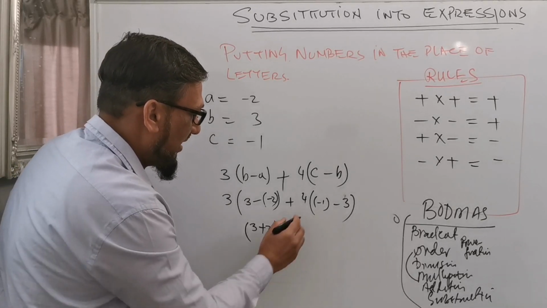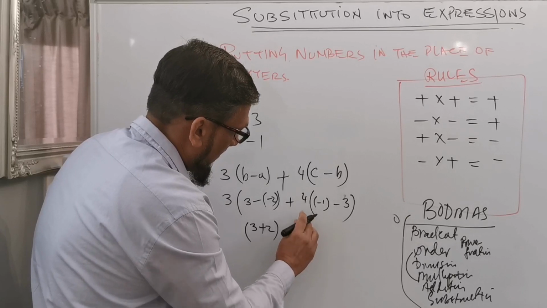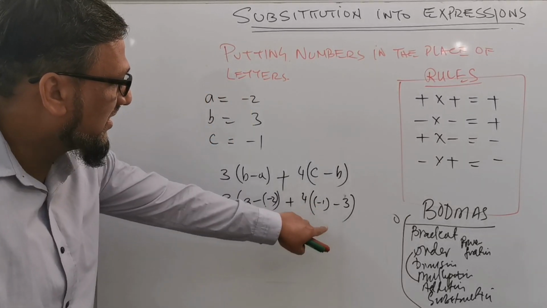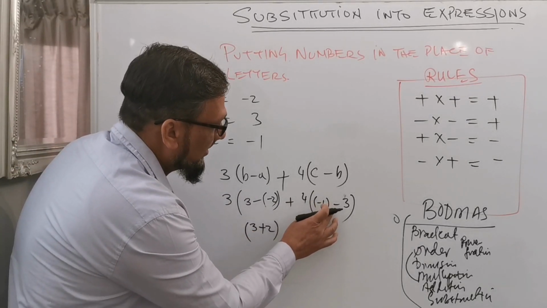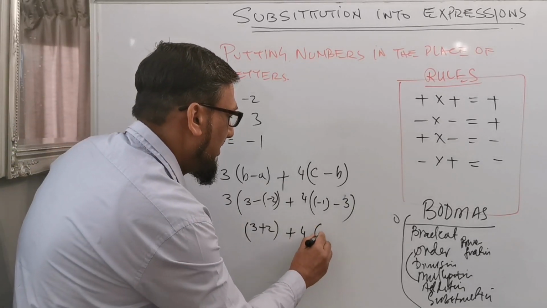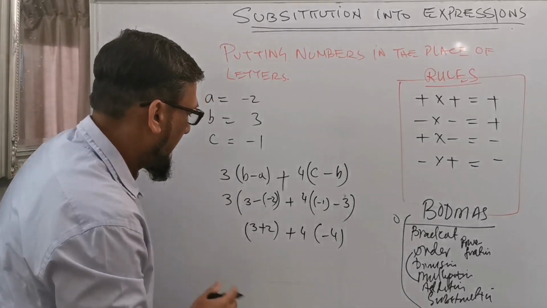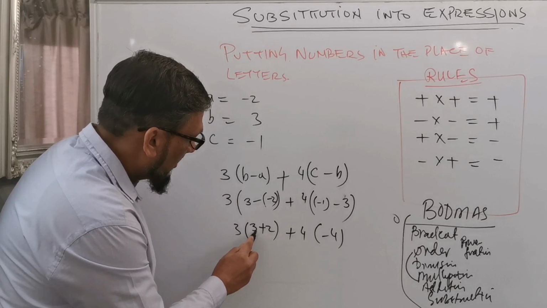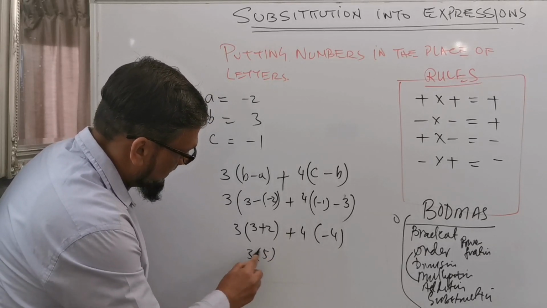And same as here, plus 4 plus this minus, first we need to solve the bracket. So minus 1 and minus 3, so the answer will be minus 4. And now look at this one: 3 plus 2, which is 5.